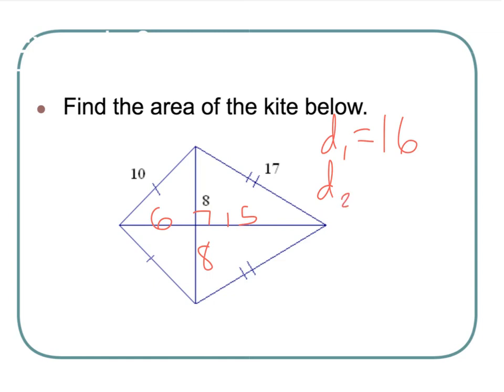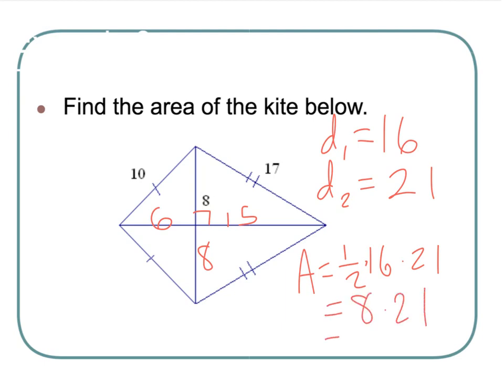Diagonal 2, 6 plus 15 is 21. And I know my area is 1/2 times diagonal 1 times diagonal 2, right? So 8 times 21, basically. So that's what, 168 units squared. Very nice.